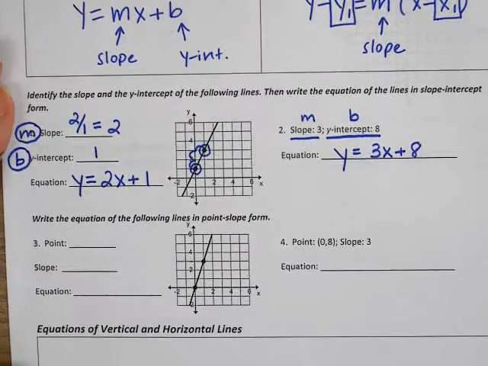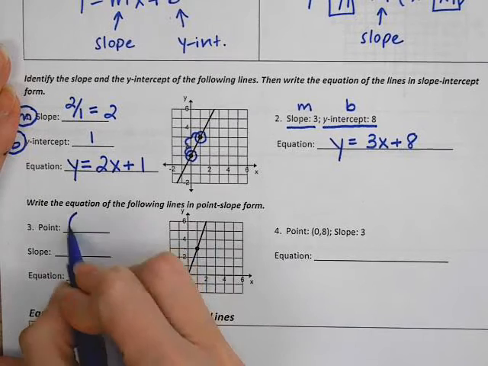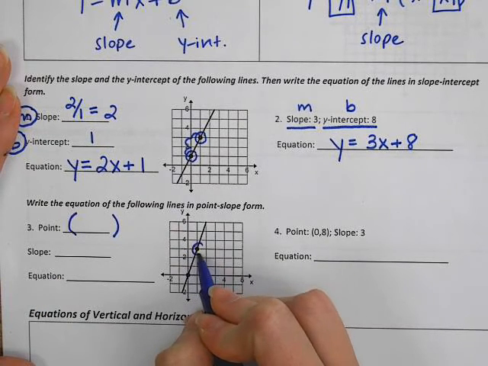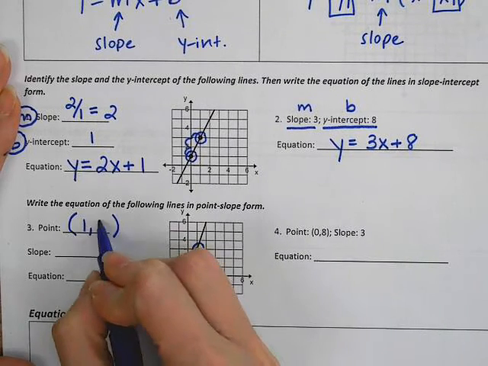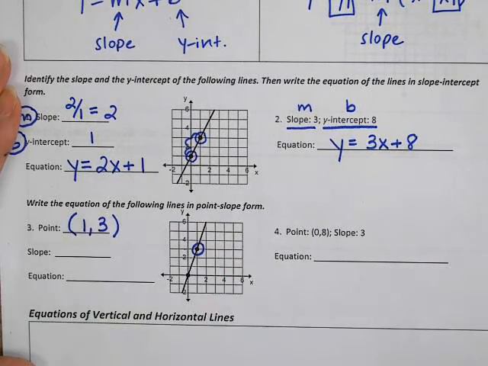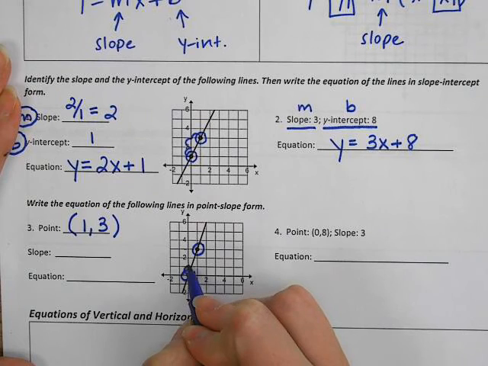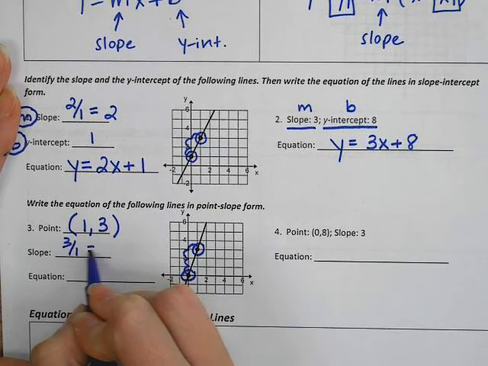Number 3 and 4 are using point slope. So first we need to pick any point we want. We have two choices. I'm going to pick this one, and this one is 1, 3. You also could have picked 0, 0. And the slope, we count rise over run, up 3, right 1. So 3 over 1, or just 3.